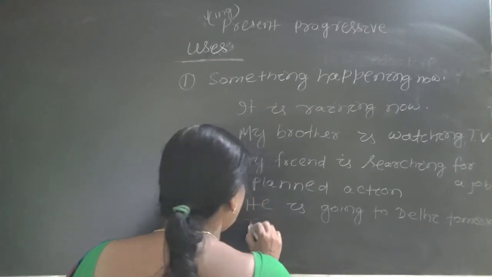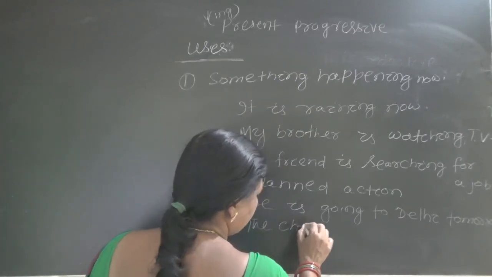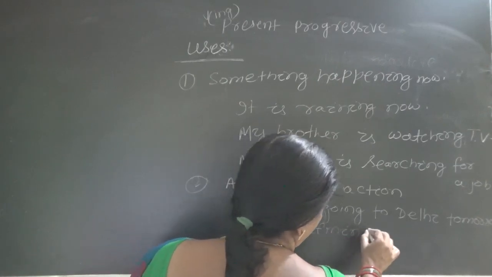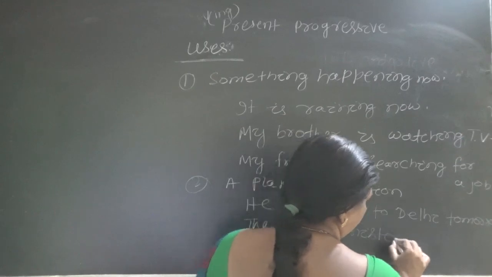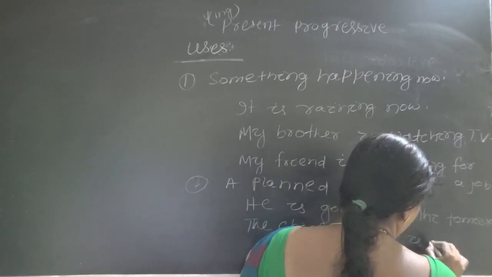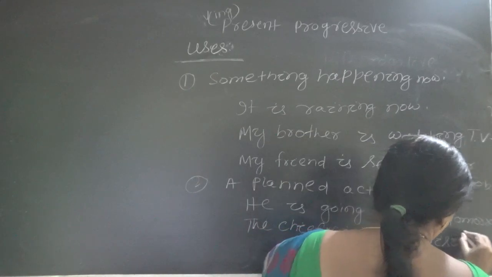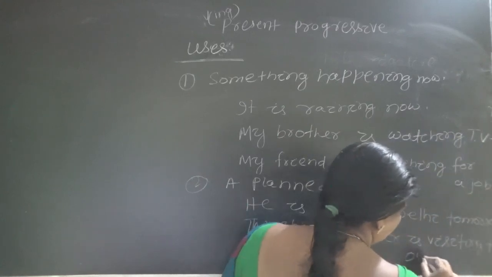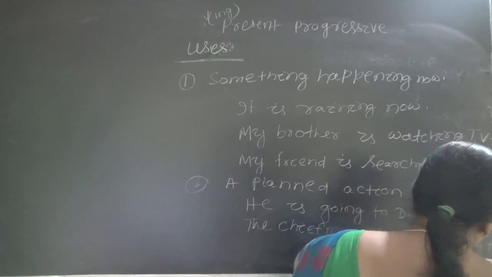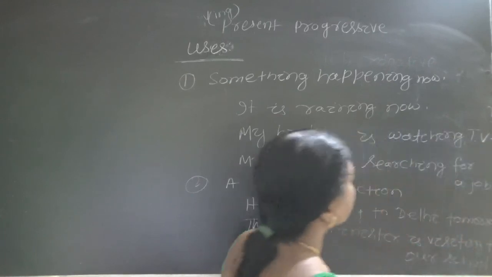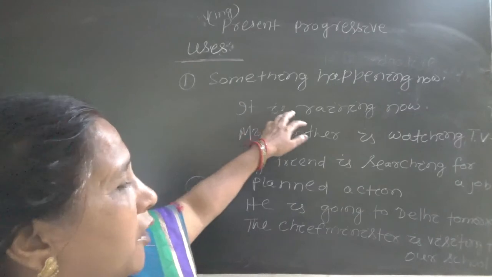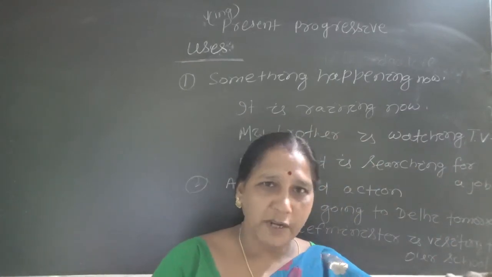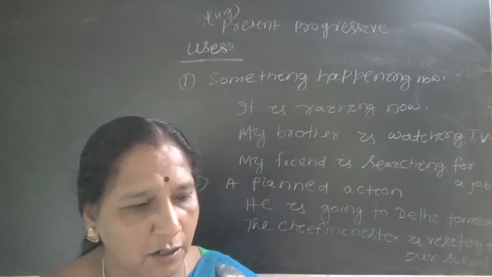The chief minister is visiting our school, etc. These are the uses of present progressive. In this way, we can use present simple or present progressive to express the future time.